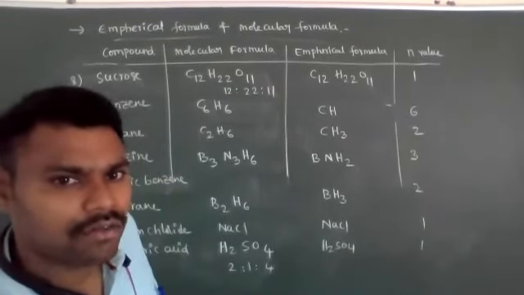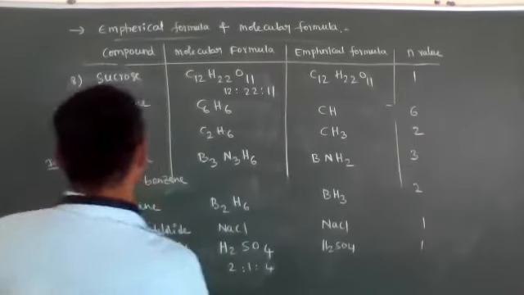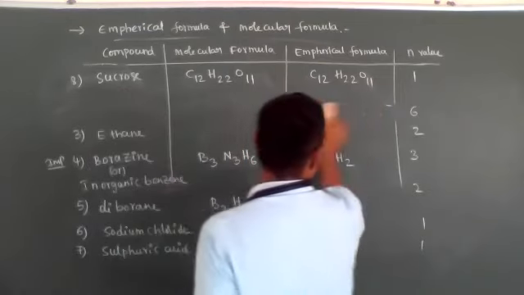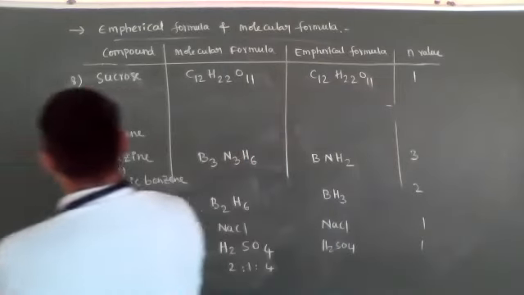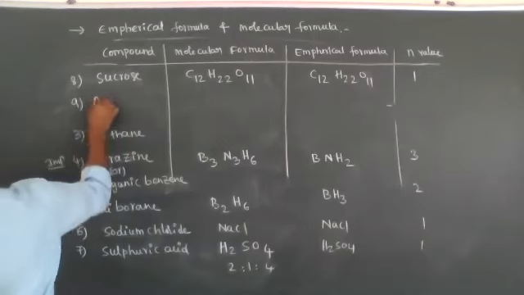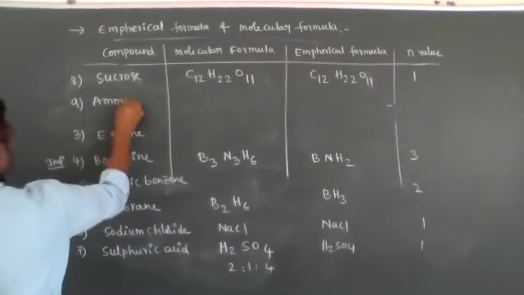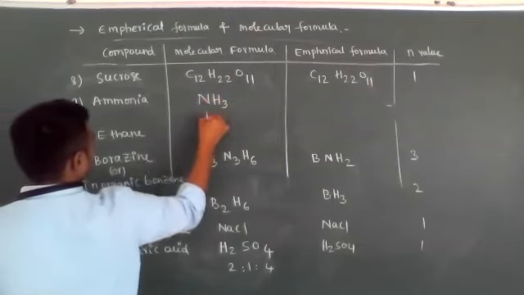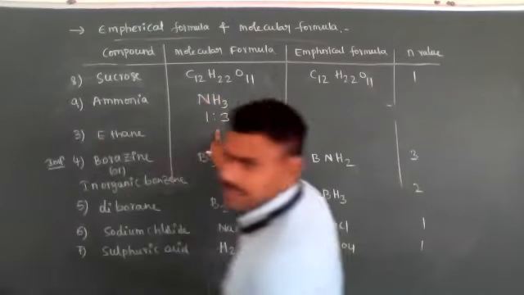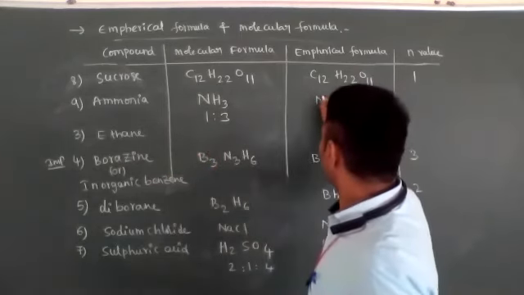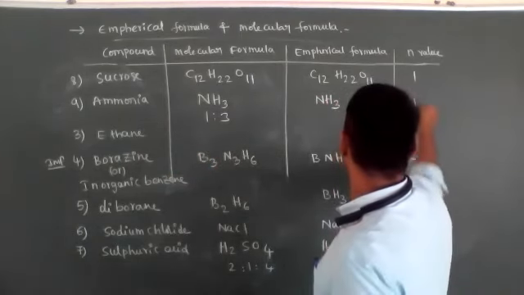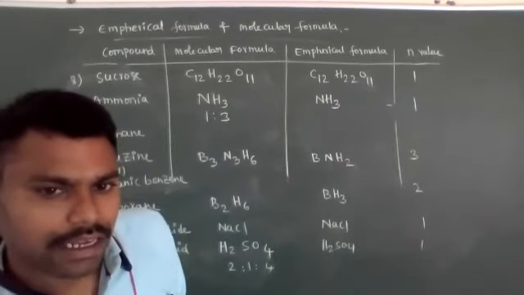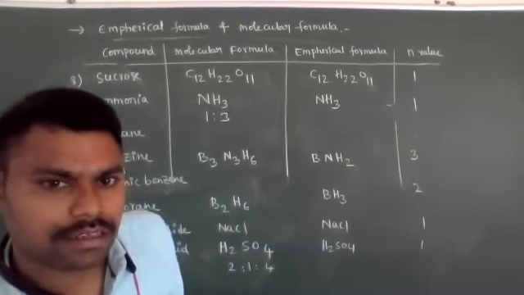Ammonia, NH3, 1:3 only. For ammonia also n is equal to 1. The ratio is 1:3 only, which is the simplest, so the empirical formula is also NH3. Like that we can give so many examples.